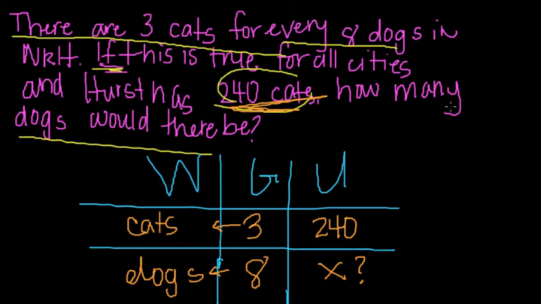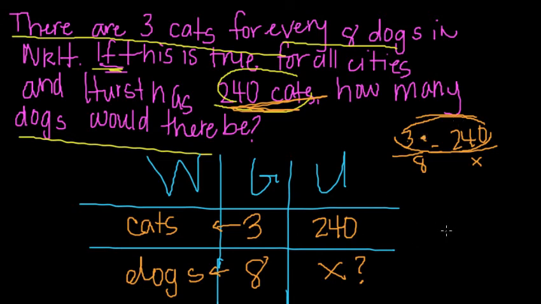Okay? So you've got 3 to 8 over 240 over x. I don't have both denominators, so I need to look at the numerators because both have been given. So again, I've got to go from 3 to 240. I know I'm multiplying, but I don't know what by.